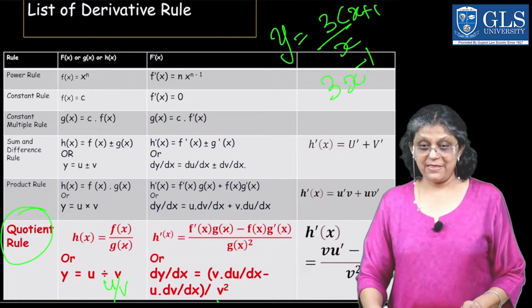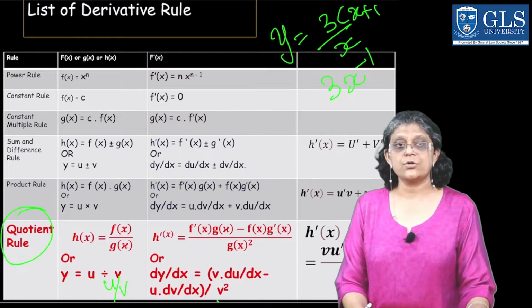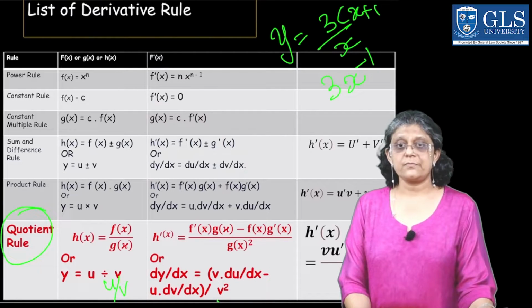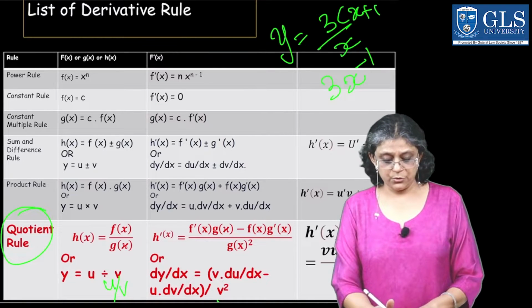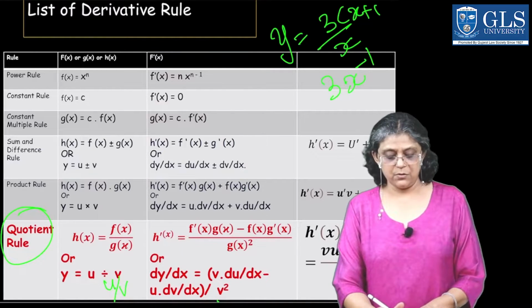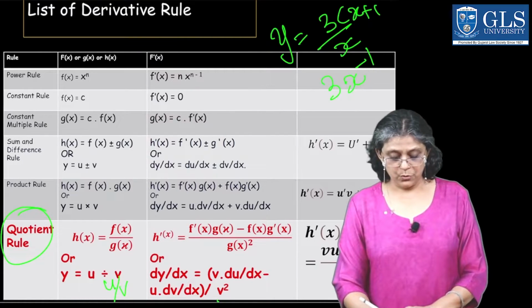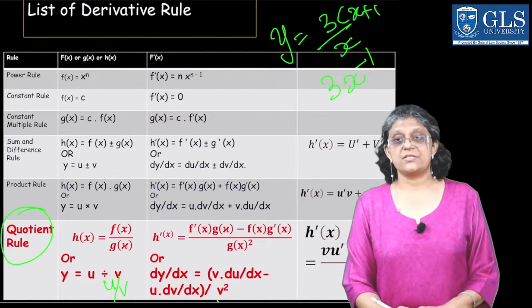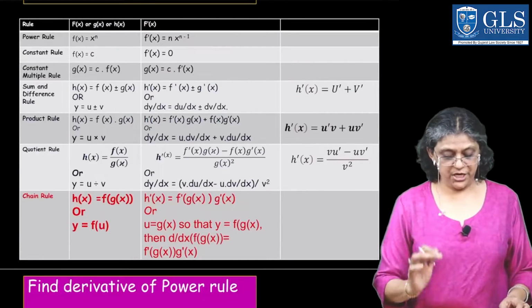So the notations are there, and hence you can find these values, where h dash x is equal to v into u dash minus u into v dash upon v square. Clear?